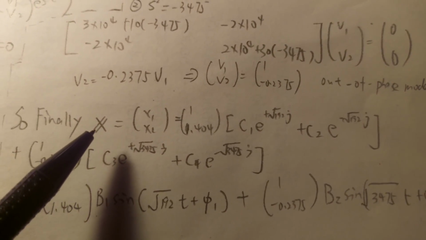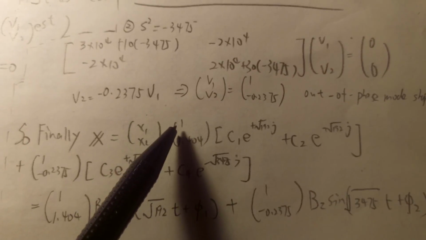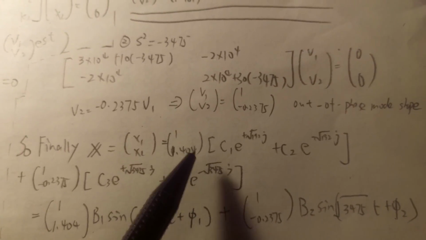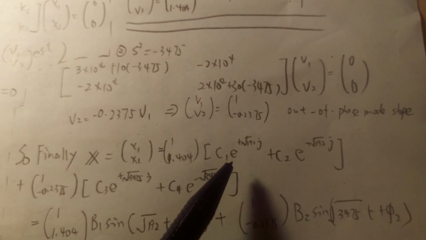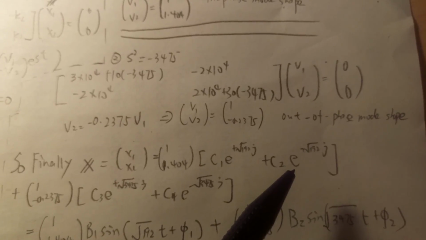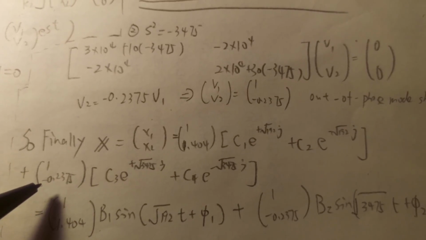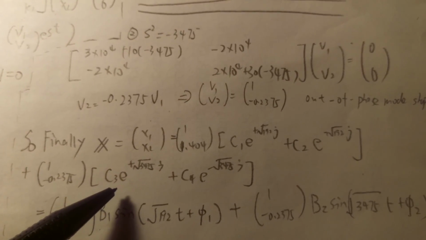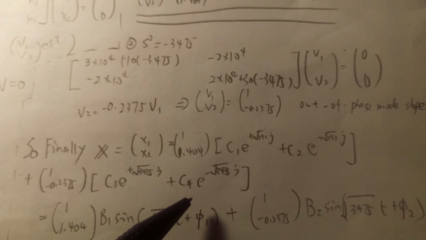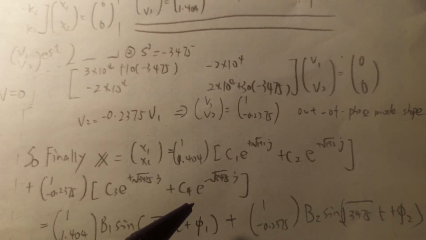So finally we get x1, x2 equals 1 and 1.404 times c1 e to the square root of 192 j t plus c2 e to the minus square root of 192 j t, and then the same here, 1 and minus 0.2375 times c3 e to the square root of 3475 j t plus c4 e to the minus square root of 3475 j t.